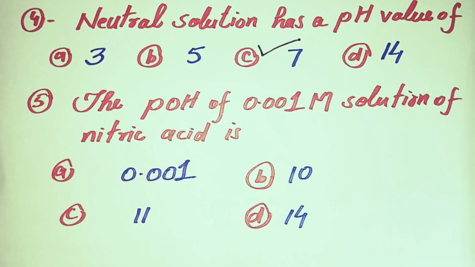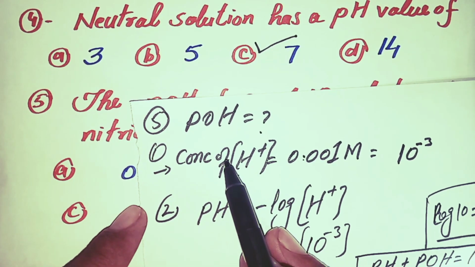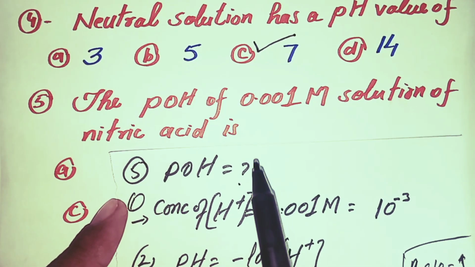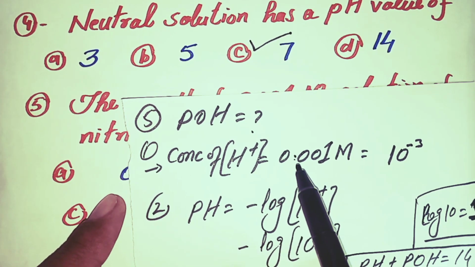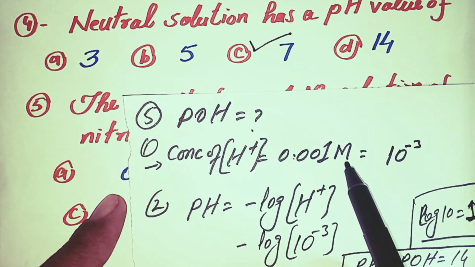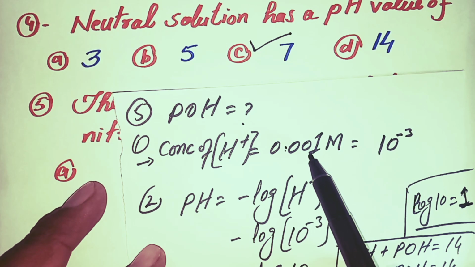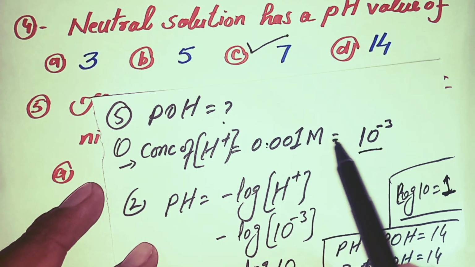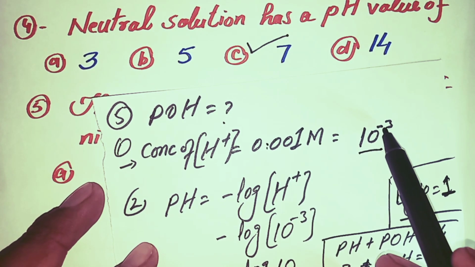So we calculate its pOH. Here the concentration of hydrogen ion is, according to the question, 0.001 mole. So we can convert this 0.001 into this form, that is 10 raised to power -3.